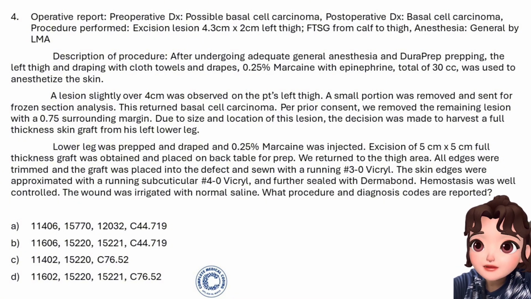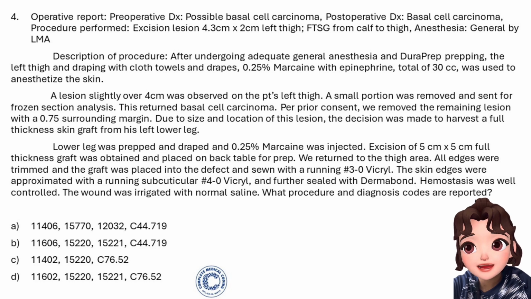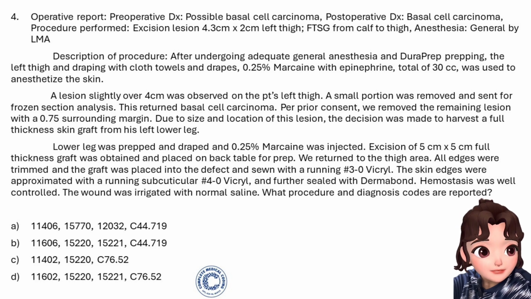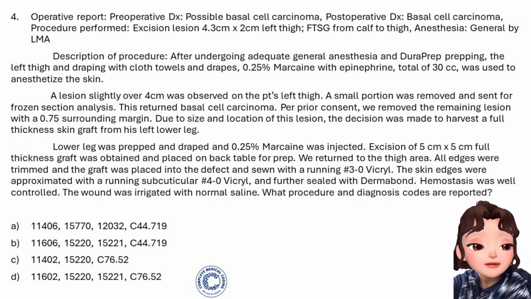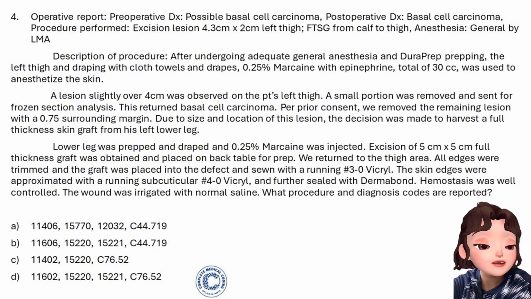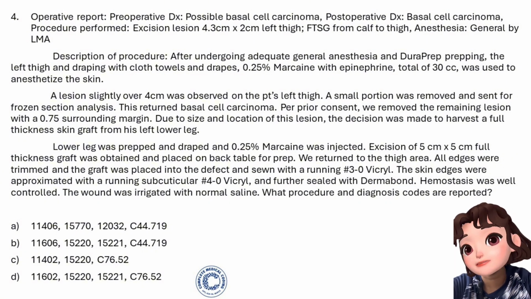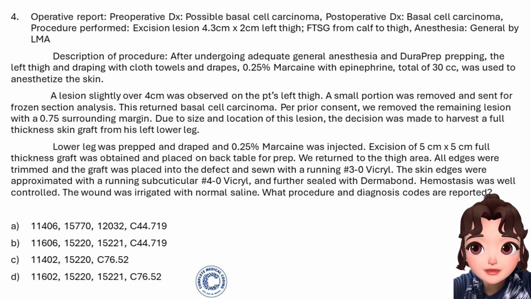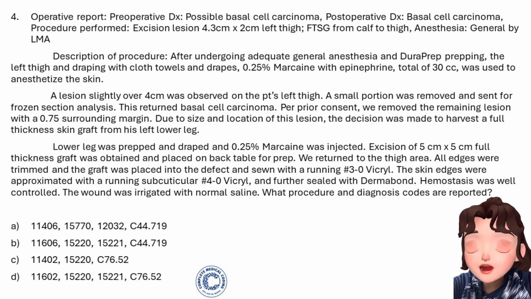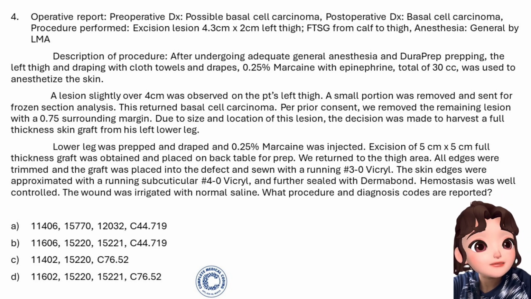So go to the ICD book, C44.719. What is C44.719? Basal cell carcinoma of skin of left lower limb including hip. Yes, this is basal cell carcinoma. Still, just check what is C76.52. C76.52 is malignant neoplasm of left lower limb.